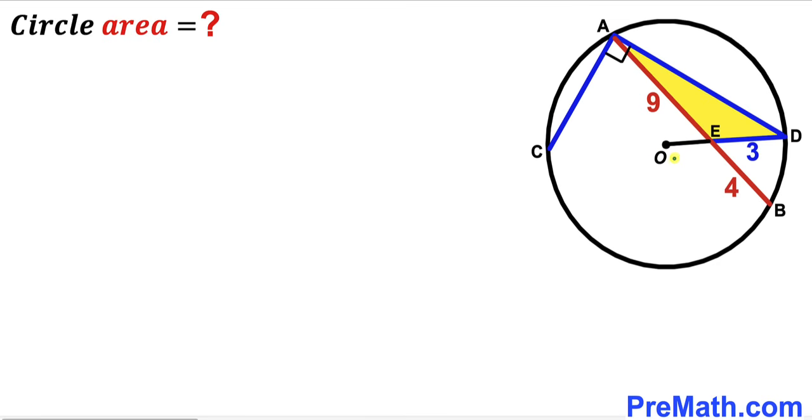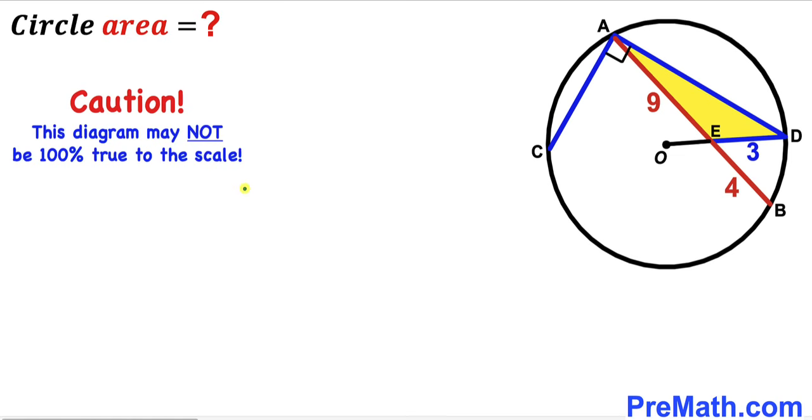And bear in mind that the center O, this point E and D are collinear, and furthermore this segment ED is 3 units. The segment AE is 9 units, and finally this segment EB is 4 units. And now our task is to calculate the area of this circle.